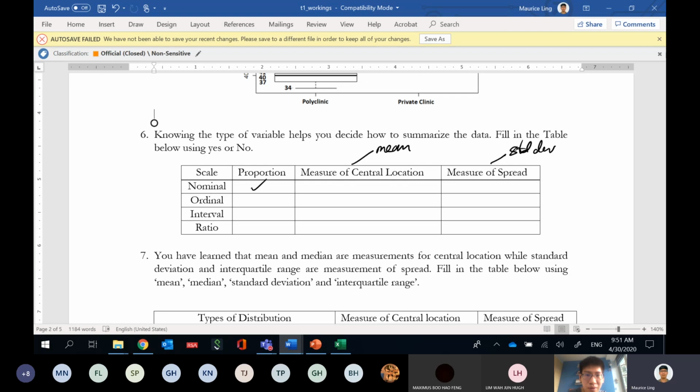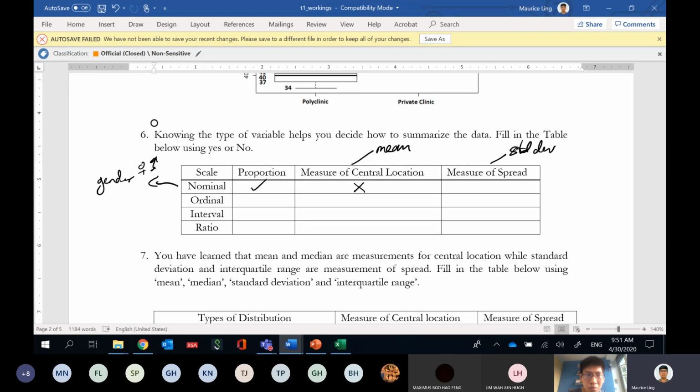The simplest nominal example is gender, male or female. You can give me a proportion: how many percent of this class is male, how many percent of this class is female. But it doesn't make sense to ask what the average gender is.